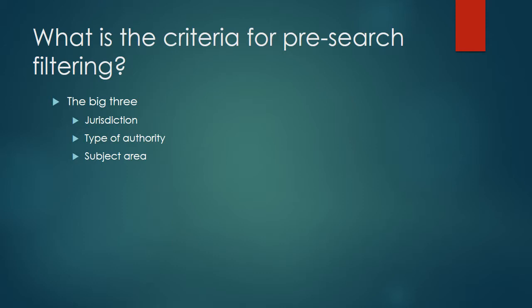Subject area is the last of the big three. It can also help limit the scope of your research. If you know the general subject area the question falls into, for example, tort, civil procedure, intellectual property, employment law, etc., you can sometimes use that information to focus before you search. This is really relevant in deciding on what secondary sources to consult.